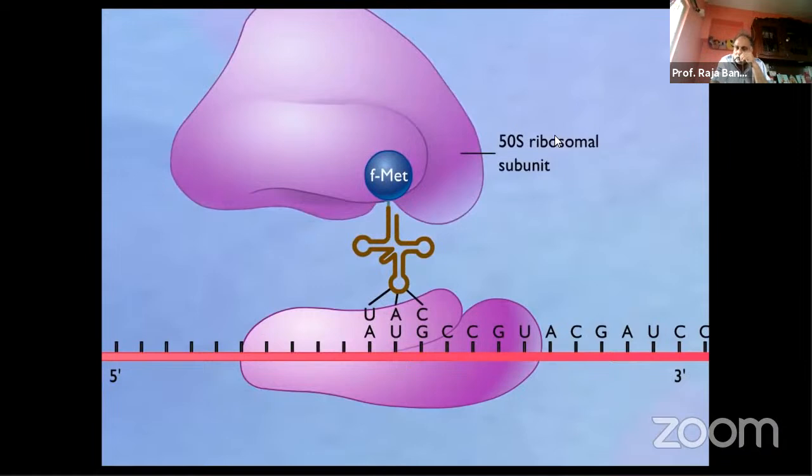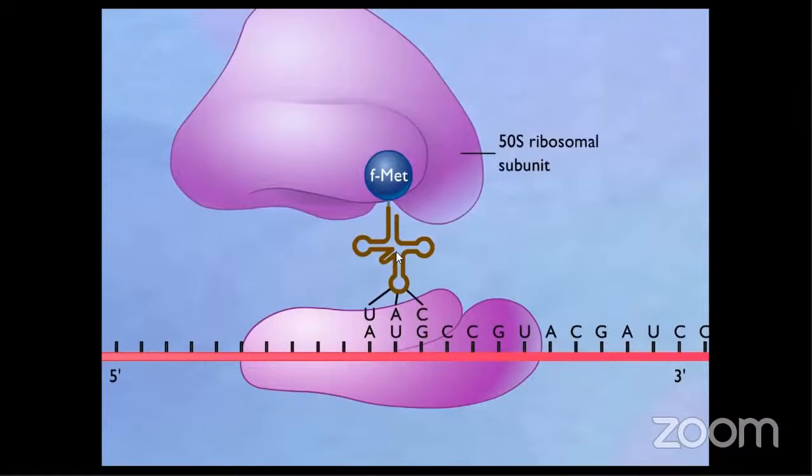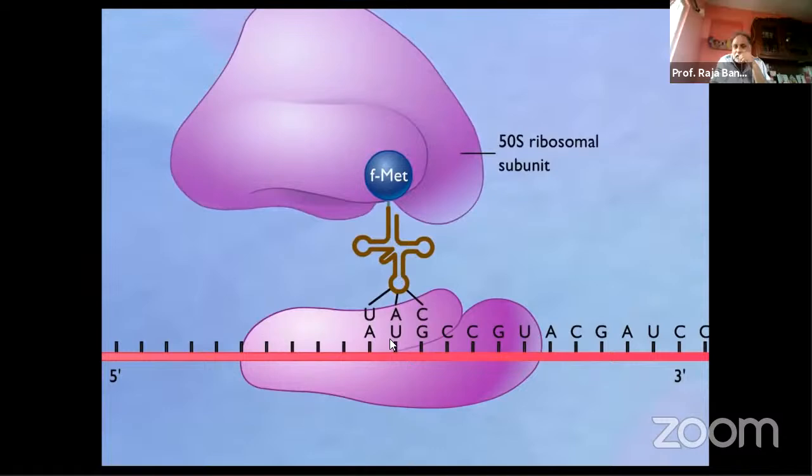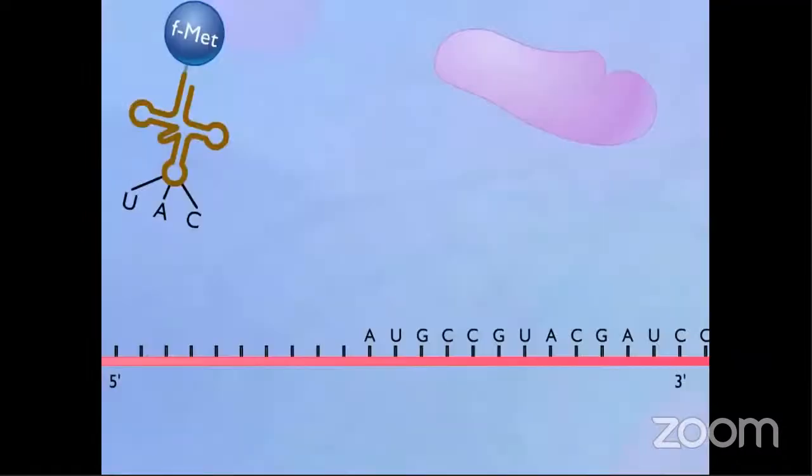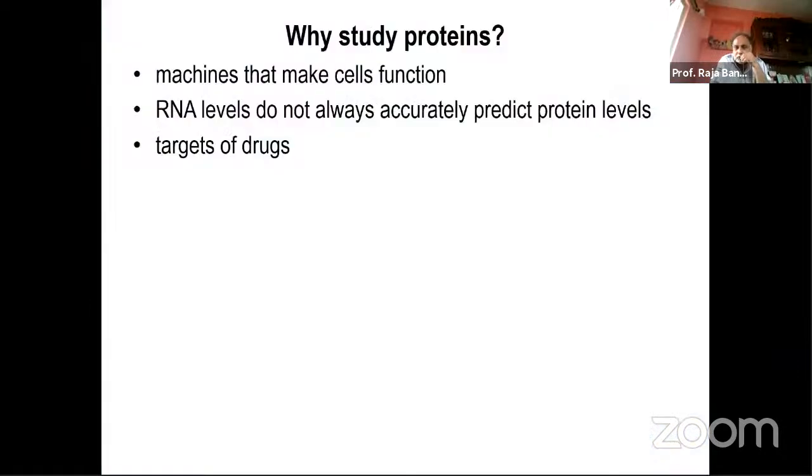So when this is coming, this is the first, called the start codon, AUG, that is taking the phosphorylated unit. But how will this work? The 30S and the 50S will come together to make a complex, and once that forms, that will start this.